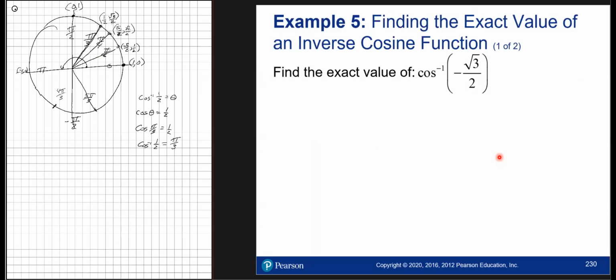Now the cosine equals a negative square root of 3 over 2. Well, in the first quadrant, cosine is positive. In the second quadrant, cosine is negative.